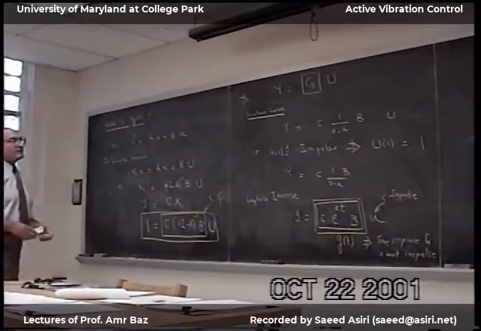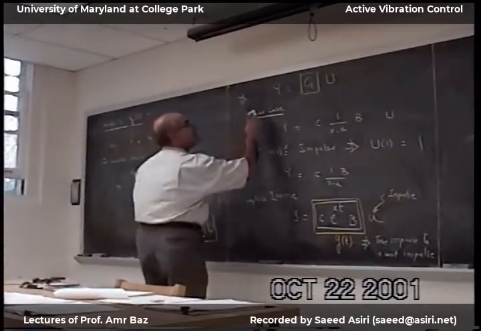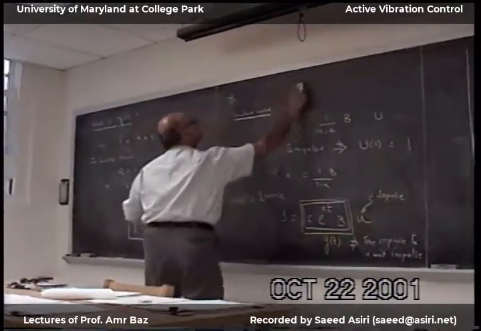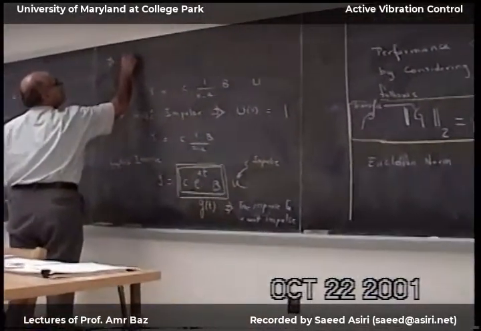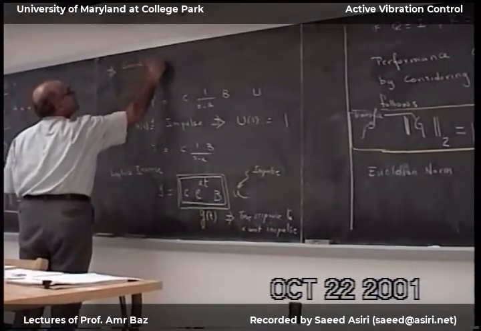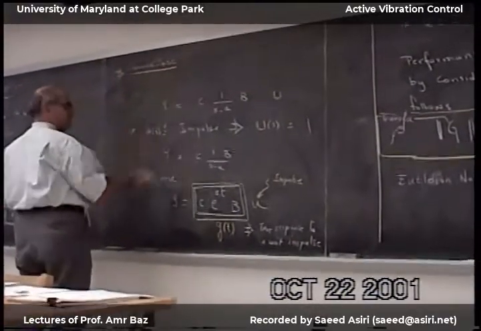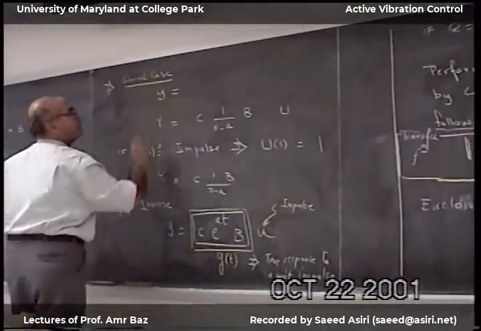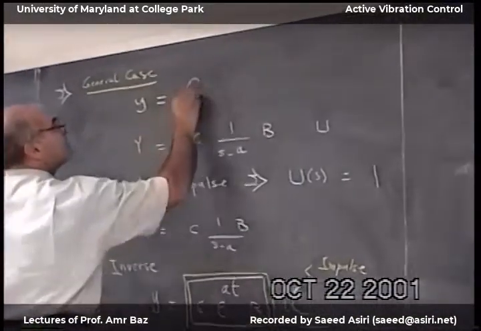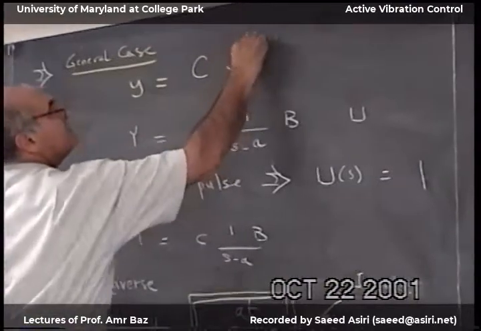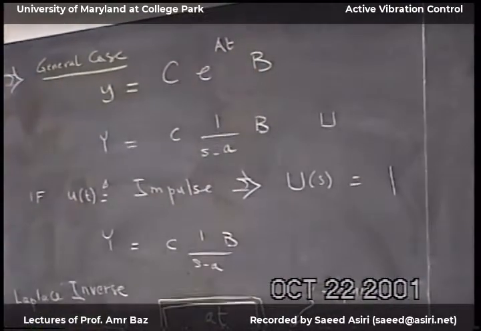Okay, one more thing before we leave this. In the general case now, the output y will equal, if it is not a scalar but it is a matrix, c e to the a t and b.